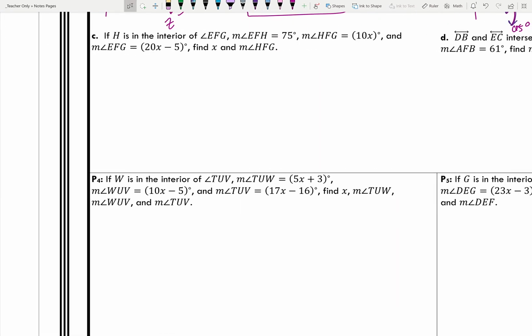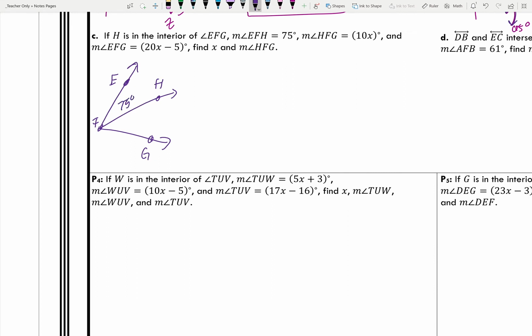And now we have algebra, of course. So, draw our angle out again. H is in the interior of angle EFG. The measure of angle EFH is 75 degrees.